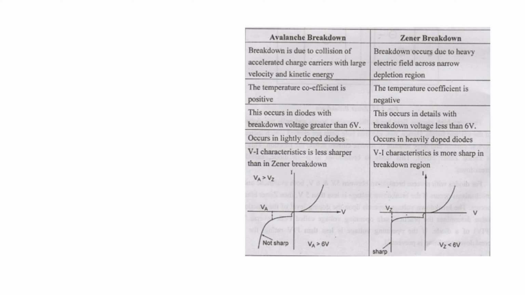So the VI characteristics of Zener diode is more sharp when compared to avalanche breakdown. Generally Zener diodes have negative temperature coefficient, and avalanche breakdown has positive temperature coefficient.